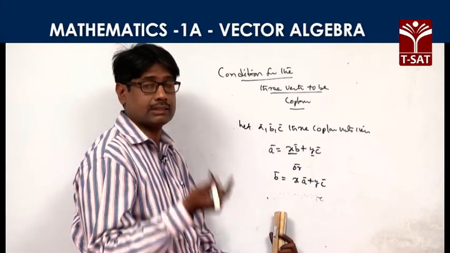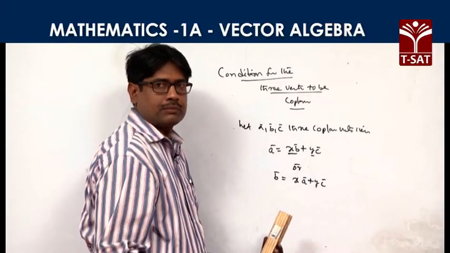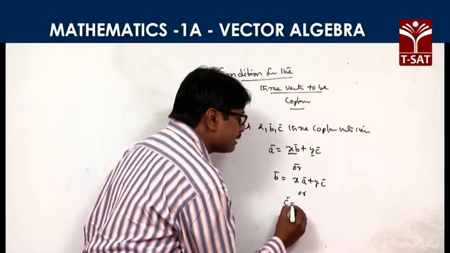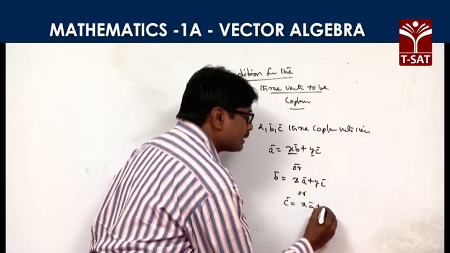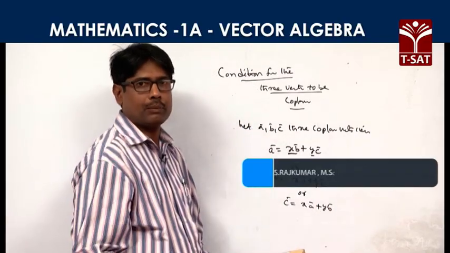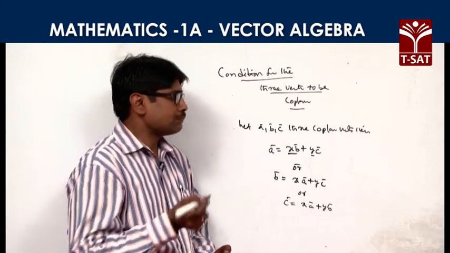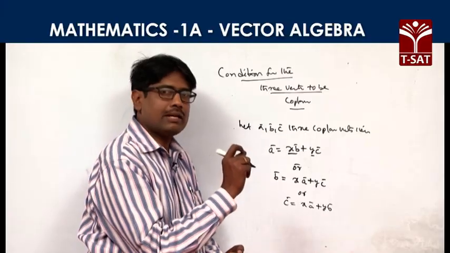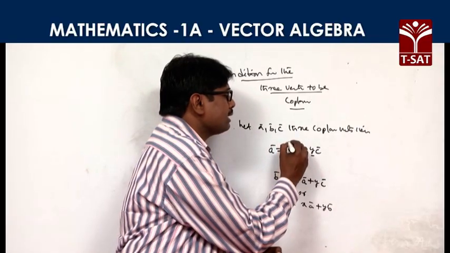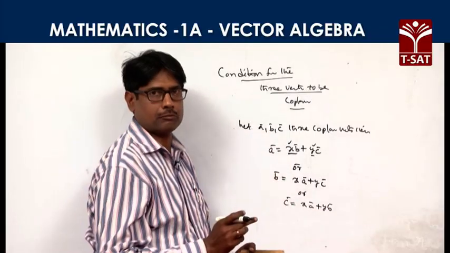What do you mean by uniqueness? Or C bar is equal to x times A bar plus y times B bar. Then we call the three vectors A bar, B bar, C bar coplanar. The condition for three vectors to be coplanar is expressing a vector as a linear combination of the other two uniquely, that is, there exist unique values of x and y satisfying the linear combination.